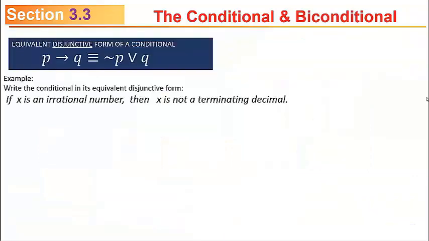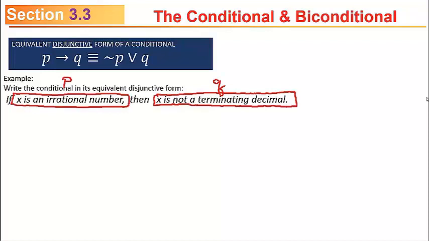Let's do another example with the disjunctive form of the conditional. What if I ask you to write the conditional in its equivalent disjunctive form? If x is an irrational number, then x is not a terminating decimal. Just proceed as before.